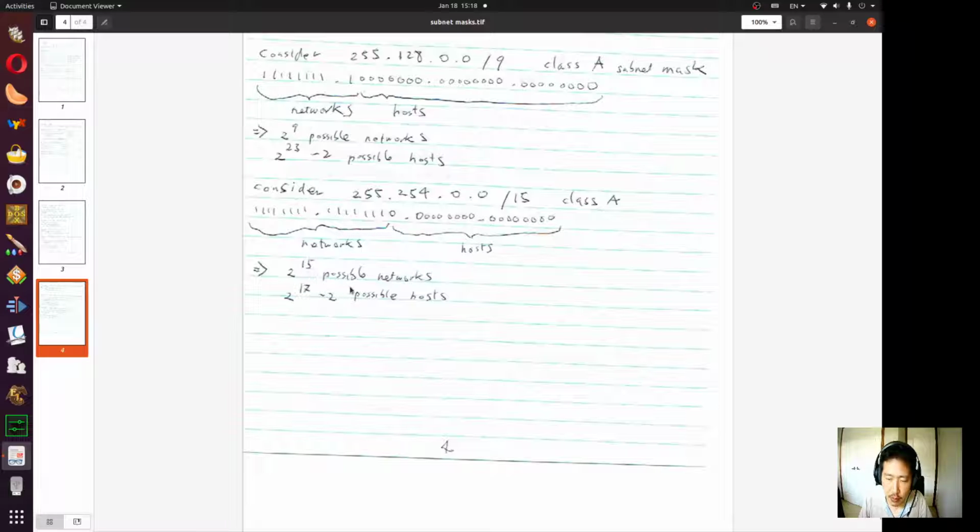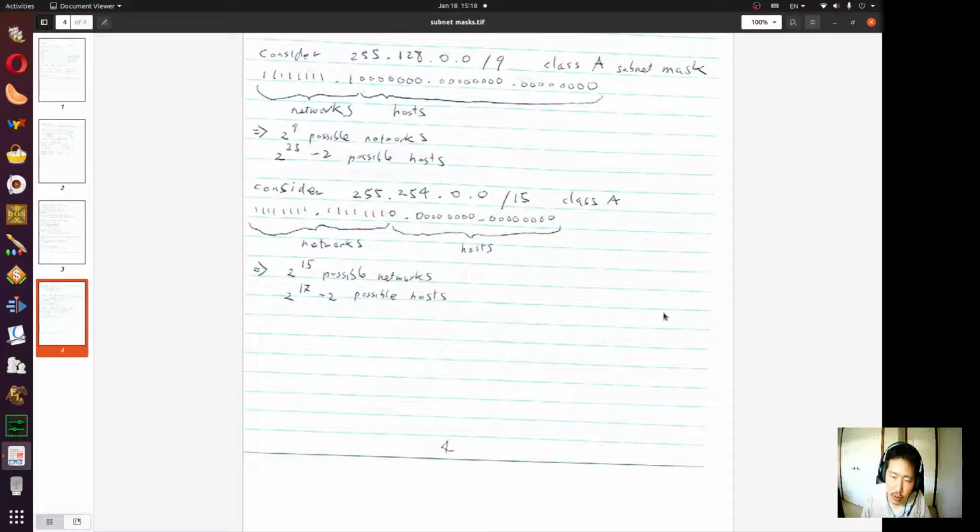So 2 to the power of 15 possible networks. How many digits are turned off? There are 17. There's 8 here, 8 here, and 1 here. So there are 2 to the power of 17 minus 2 possible hosts. Okay, so I hope all that makes sense.